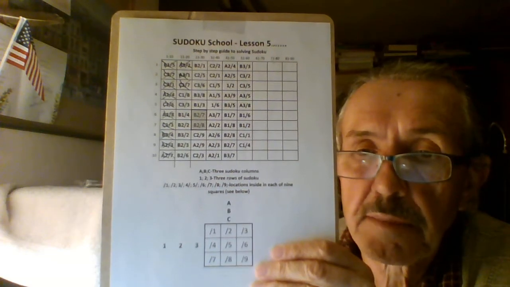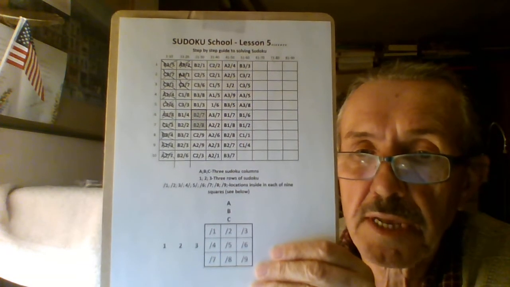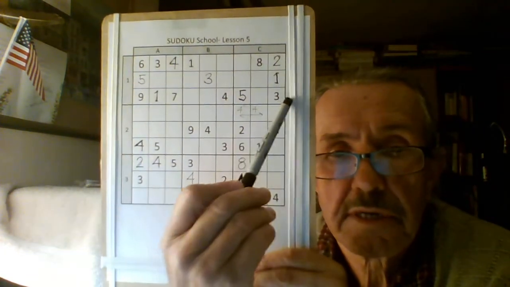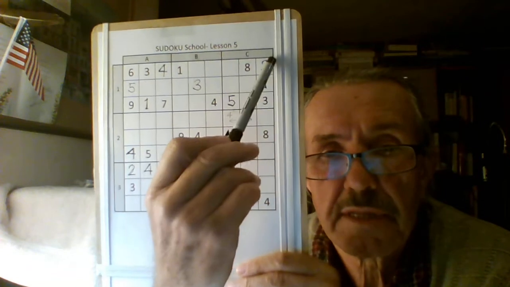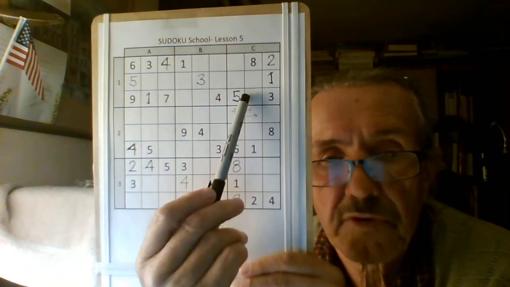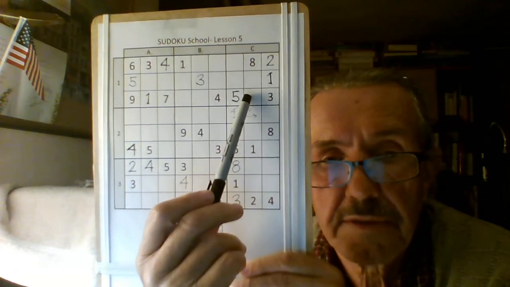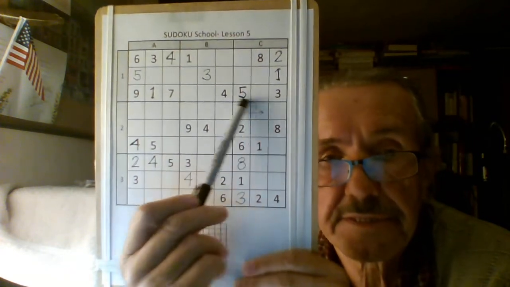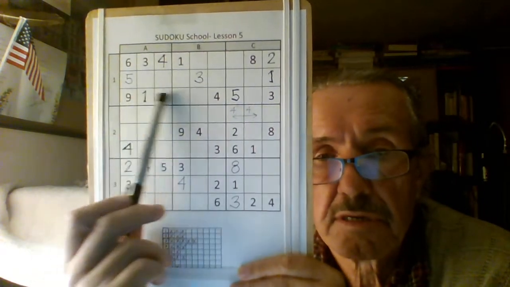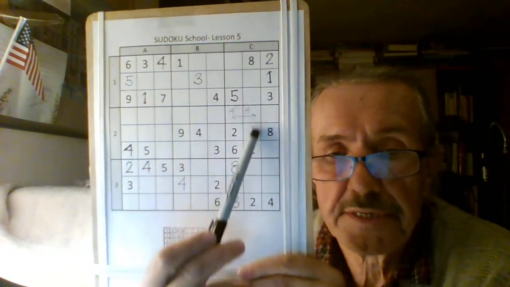The next step will be C1, location 8. Square C1, location 8 is over there, and we're looking for the number which doesn't exist in this square, in this row and this column.